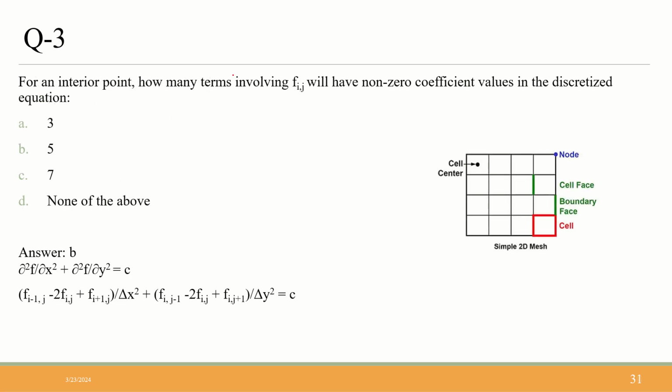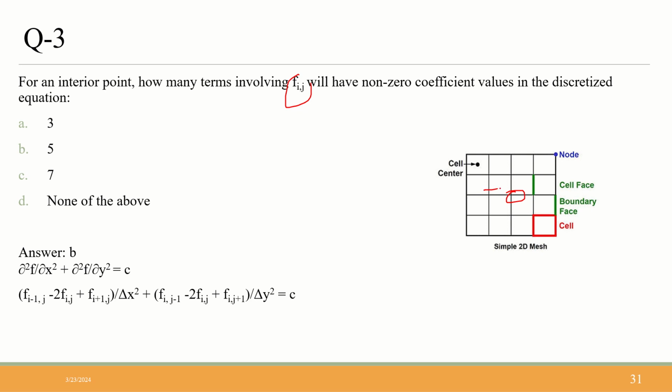For an interior point, how many terms involving φ, f_ij, will have non-zero coefficient values in the discretized equation? So if it is an interior point, how many f_ij will we have? It is mentioned that we are using a second order, central difference approach.